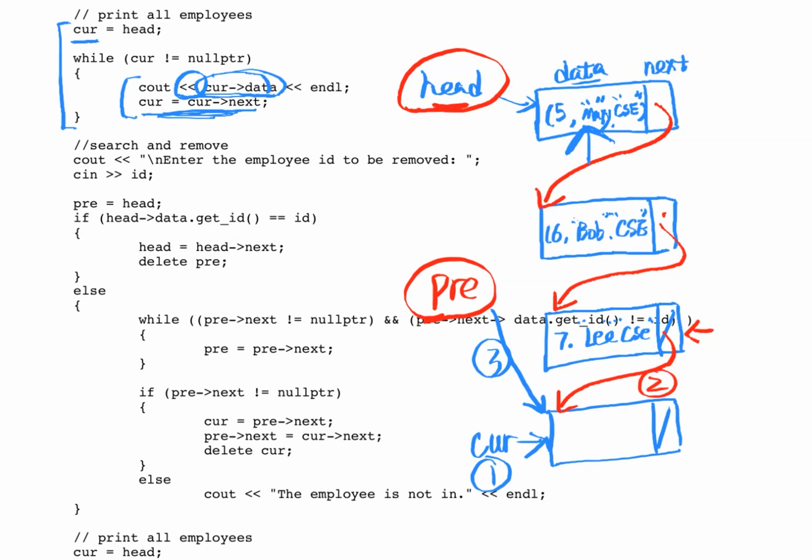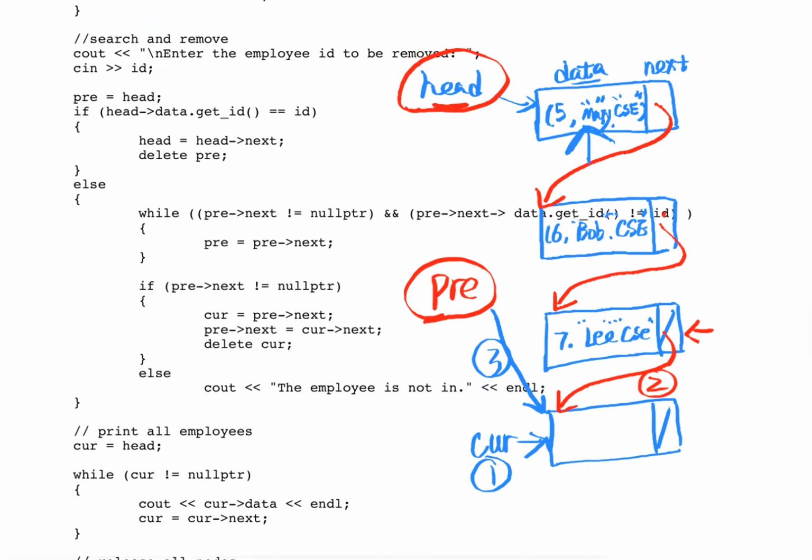This is a print, or traverse, of the link structure. And then the next one for the employee, this one we implement the search and remove operation.